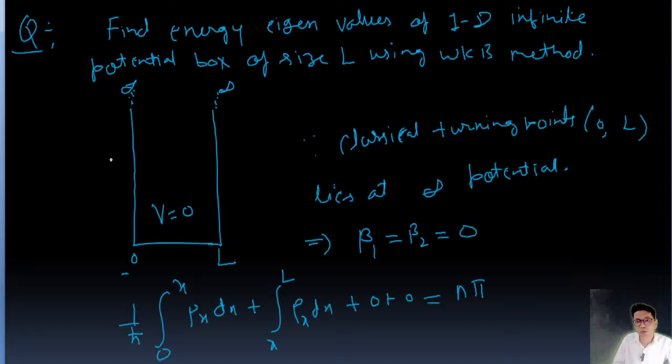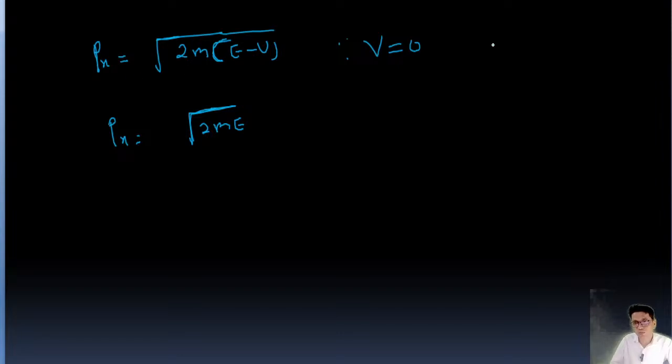Okay, so how we got this value, guys? This we know, because Px square upon 2m equal to e minus v, right? Total energy, e equal to Px square upon 2m plus v, right? From here we've got the value of Px, right?